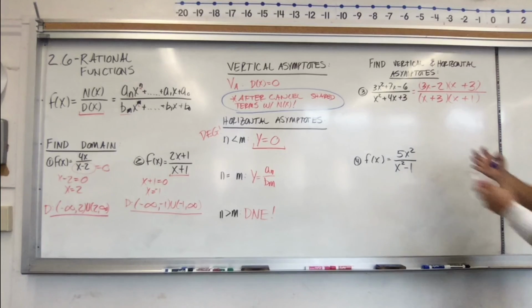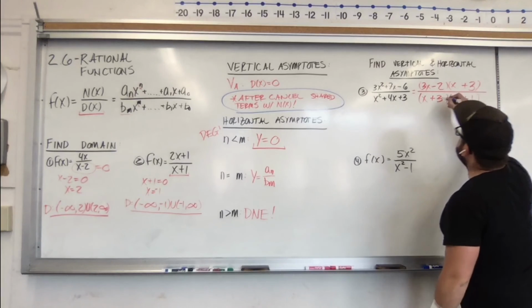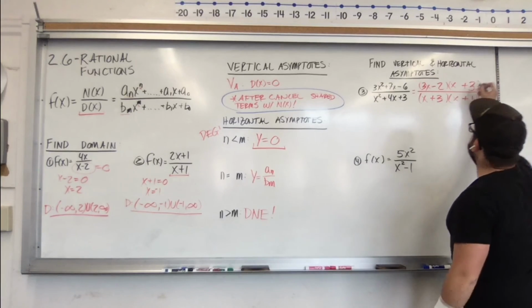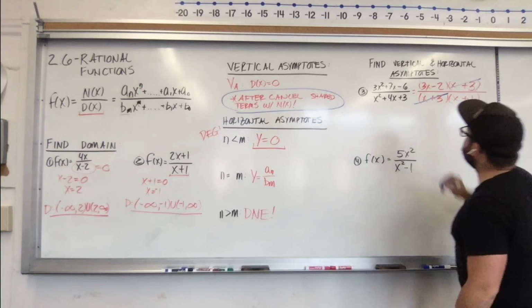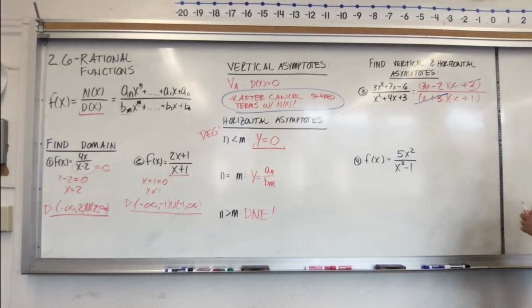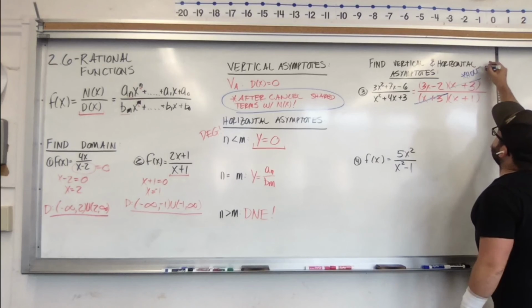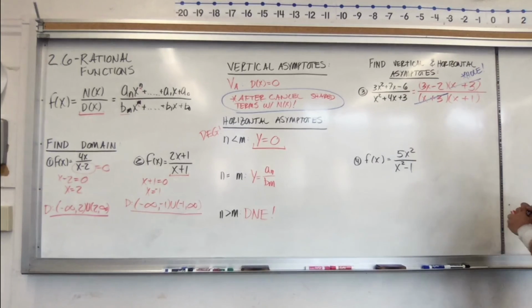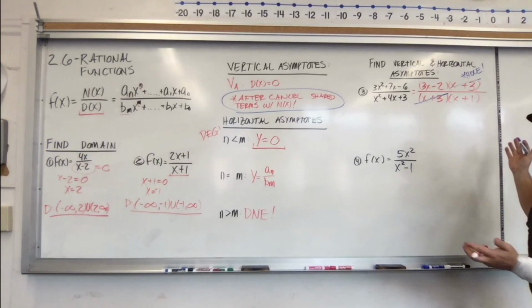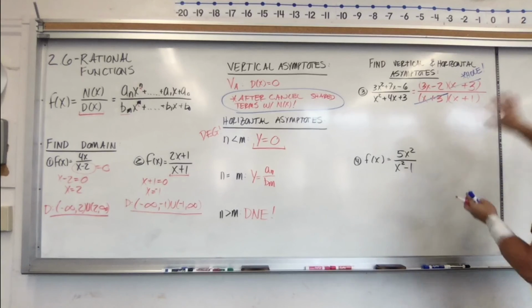Now, although we're not going to pull information from the top, we do have these shared expressions, right? The x plus 3 up top and down below. Now, when we cancel those out, we'll make note, we're going to see it down the road that this is going to be called a hole in our graph, and we'll get to examples of that.